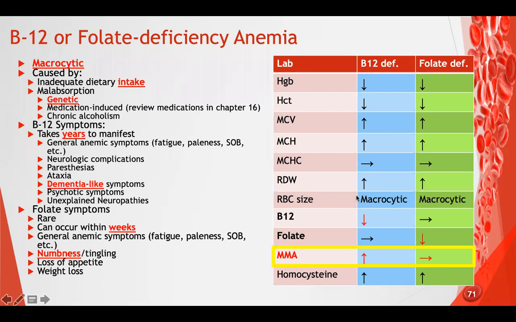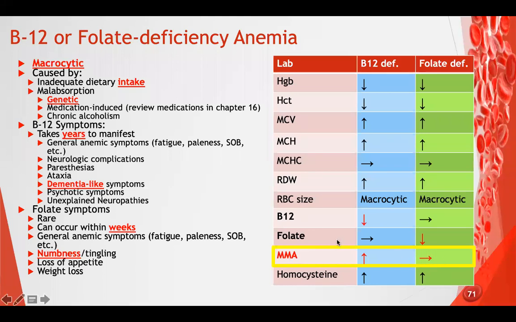It is a macrocytic anemia. But depending on which lab value you look at, obviously for vitamin B12 deficiency anemia, vitamin B12 will be decreased.